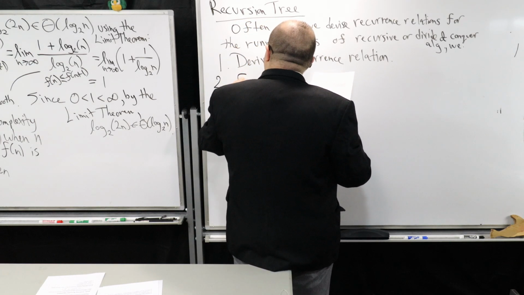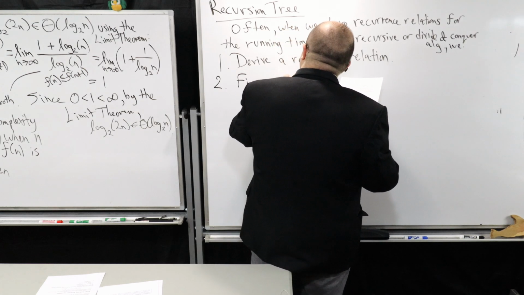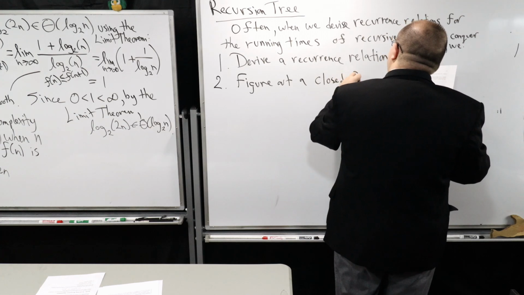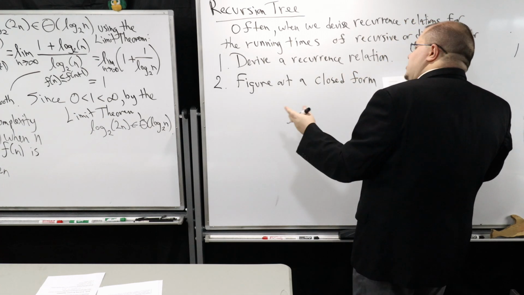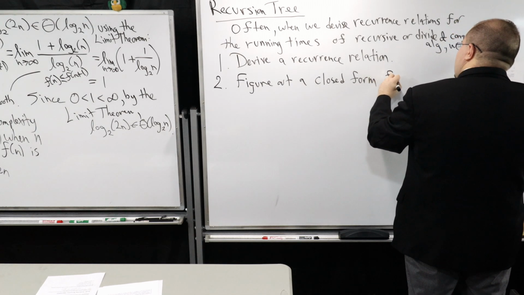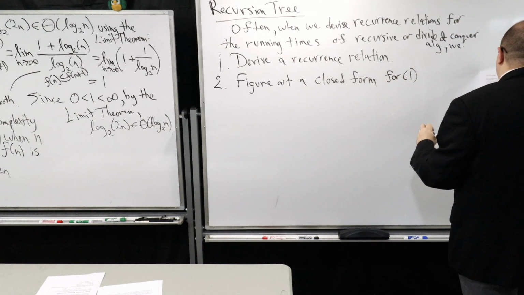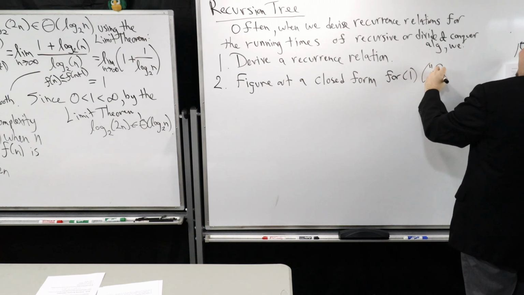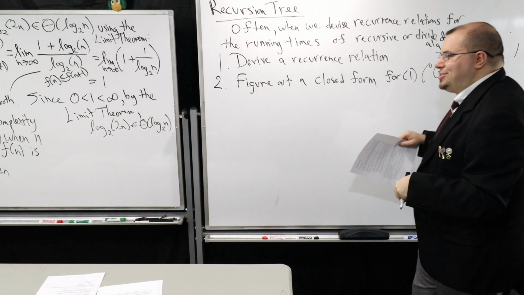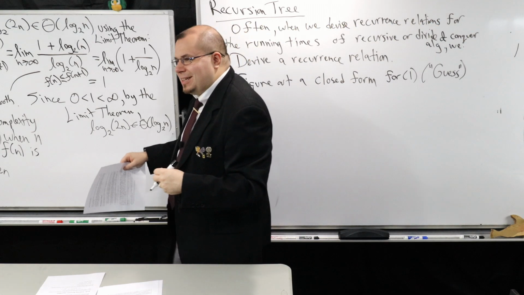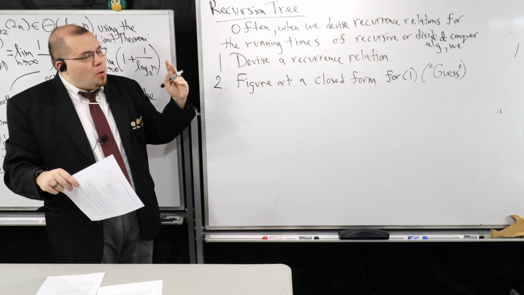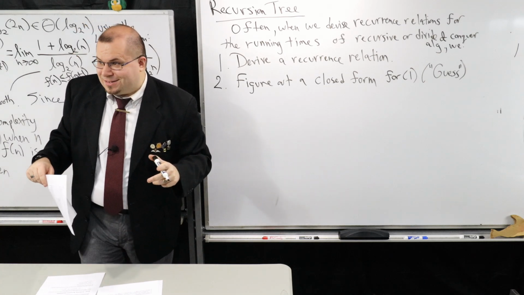So once you have that, you're going to figure out a closed form. Remember, this is just some formula. It may even just be the sum itself before you simplify it down. And in some circles, they like to call this a guess, because usually what we do is we take advantage of our pattern-seeking ability to try to guess what the closed form looks like before we attempt to solve the recurrence relation or apply one of these analysis techniques.